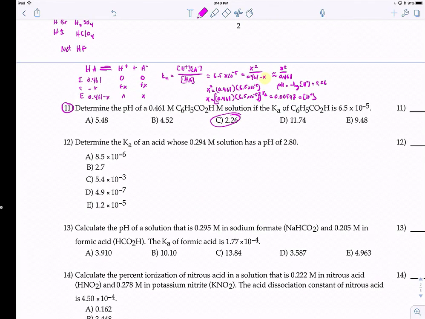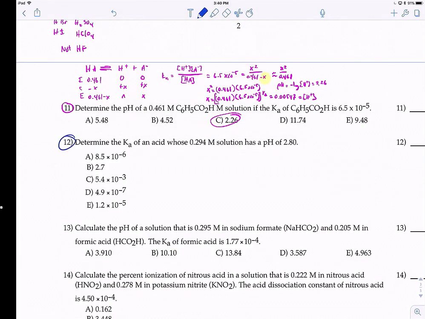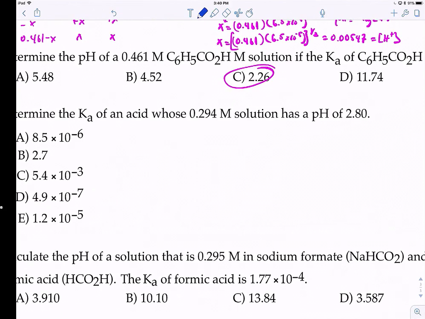Okay, next question. Determine the Ka of an acid whose 0.294 molar solution has a pH of 2.8. So this is where you have a generic acid in equilibrium with hydrogen ion plus anion.